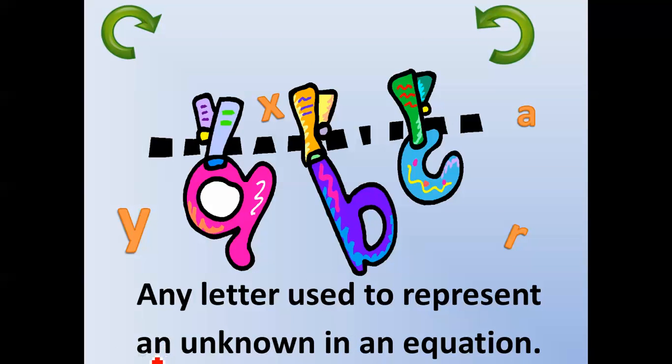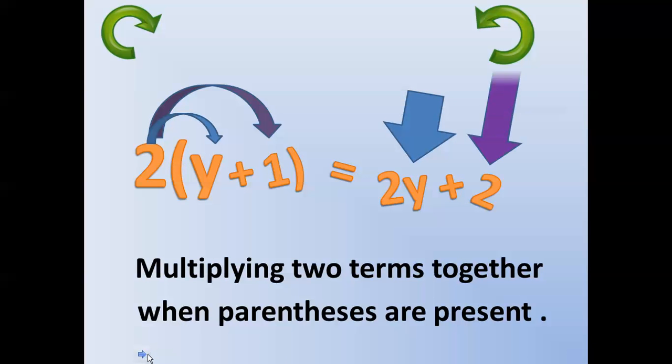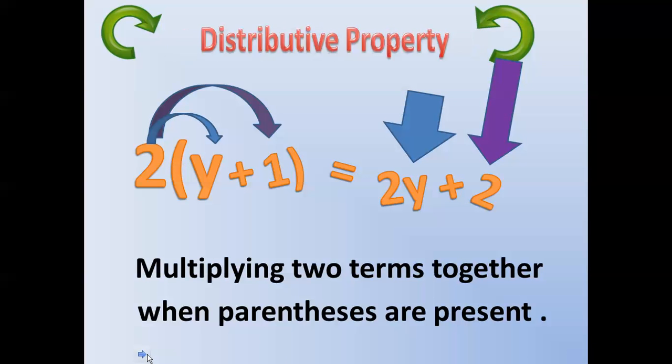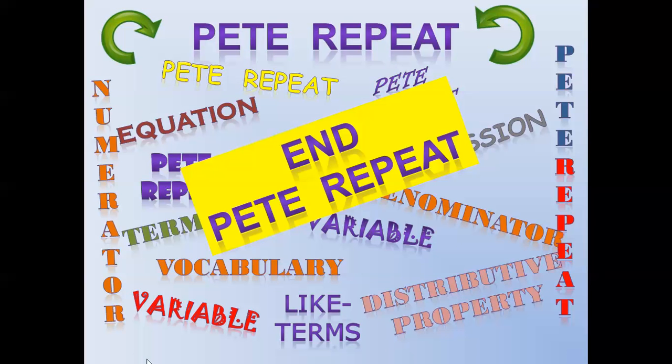What do we call letters representing unknowns? Variables. What do we call it when we multiply two terms together to get rid of parentheses? That's our distributive property. Terms that contain the same variable with the same exponent we call like terms.